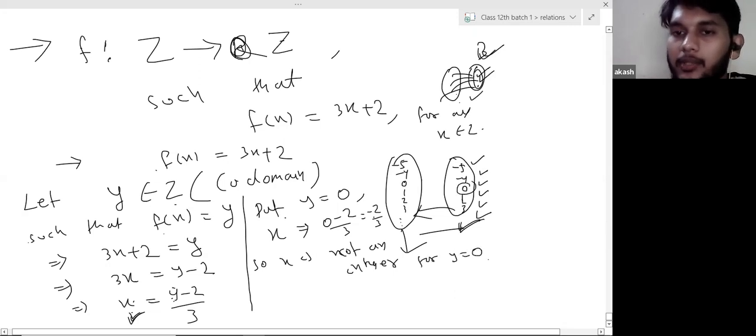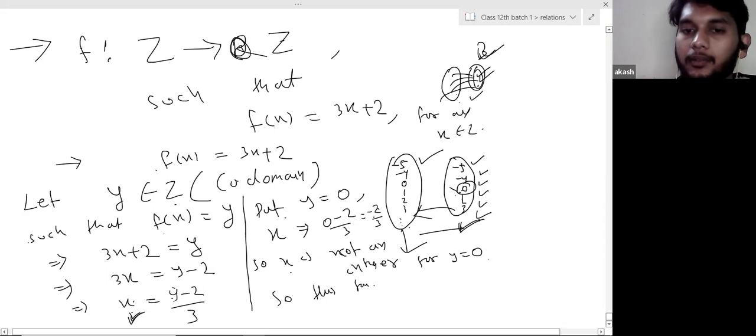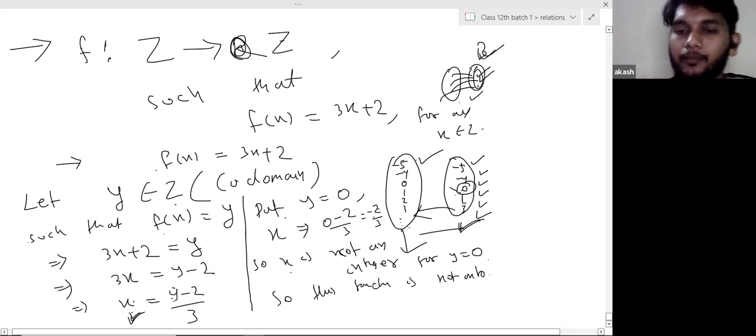That means this value 0 is not connected to any x, right? Because x is always an integer. But if you put y equal to 0, you should put x equal to minus 2 by 3, which is not an integer. So 0 from this set B is not connected to any element in set A. So this function is not onto.